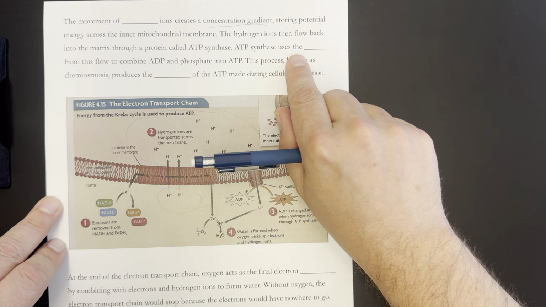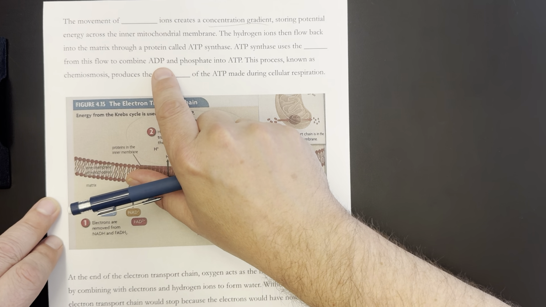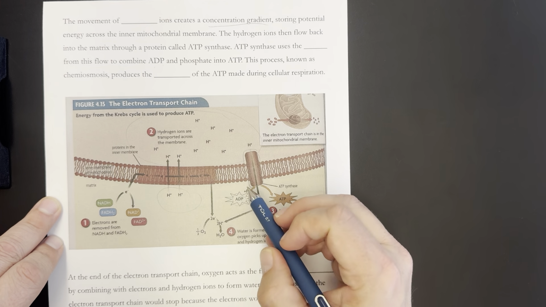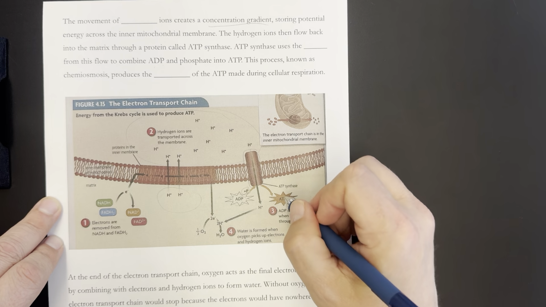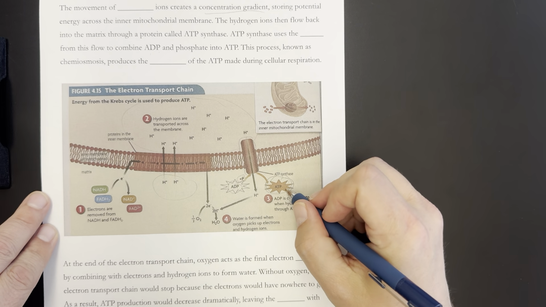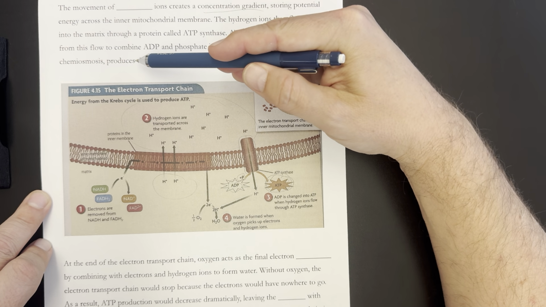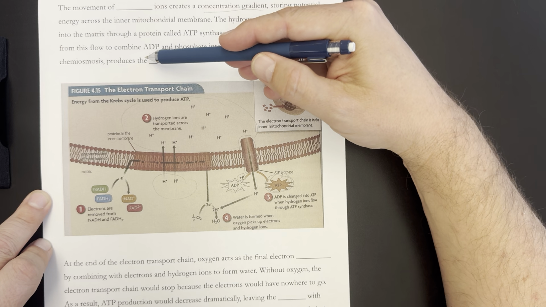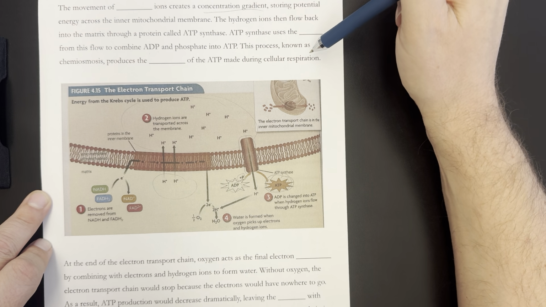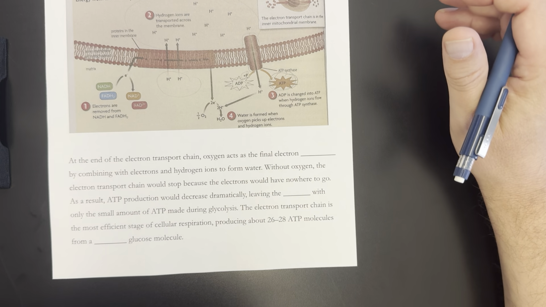ATP synthase uses the energy from this flow to combine ADP and a phosphate into ATP. That's our ATP. Our goal was to make this ATP. This process, known as chemiosmosis, produces the majority of the ATP made during cellular respiration.